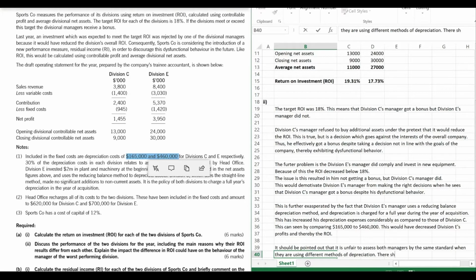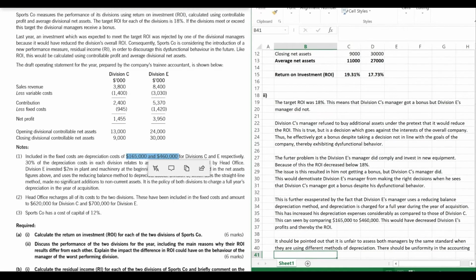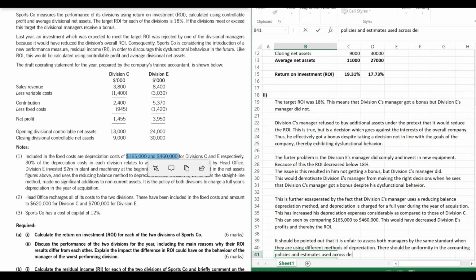There should be uniformity in the accounting policies and estimates used across divisions to allow for an even playing field, right?